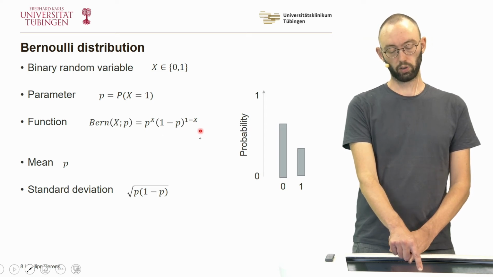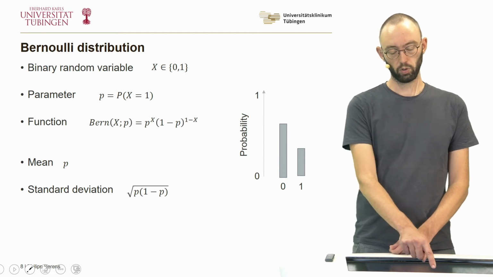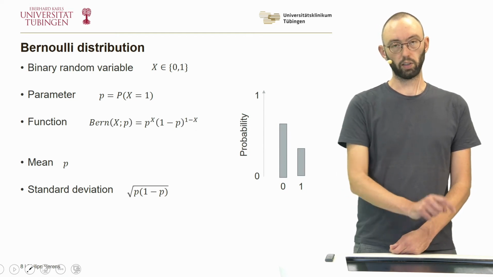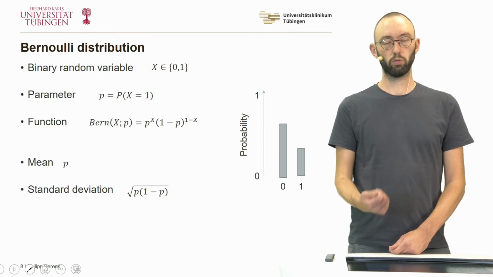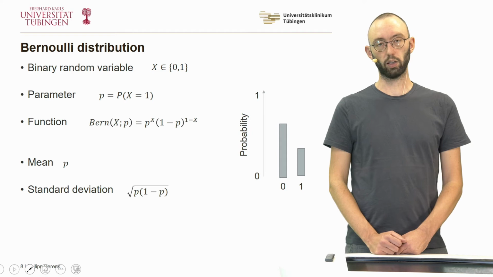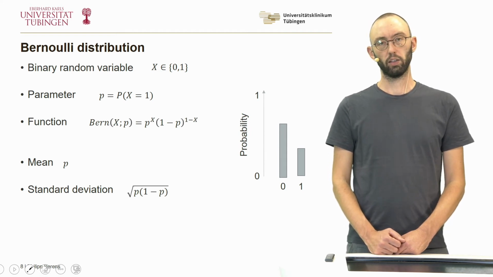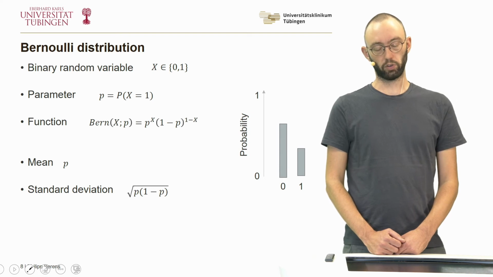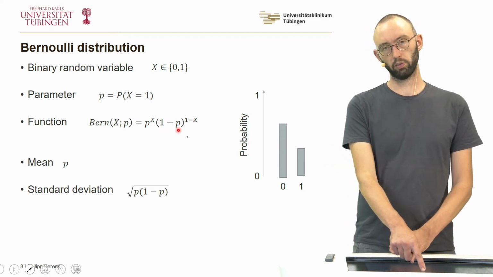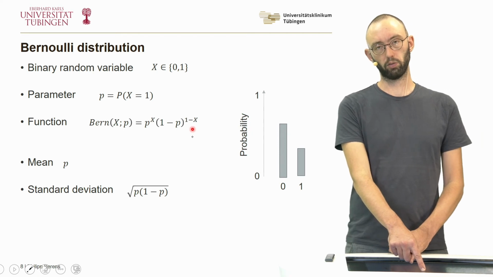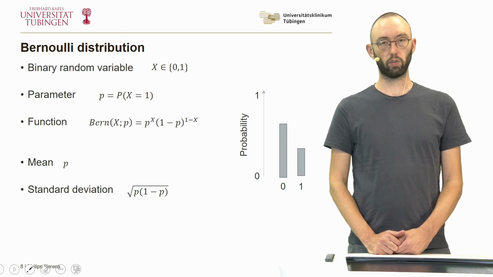And this part of the equation will be, because 1 minus 1 is 0, just 1. So in this case, there will be just a probability of p for the event that the random variable takes on a value of 1. On the other hand, if the random variable takes on a value of 0, the former part will be 1, and you will have a probability of 1 minus p from the latter part for the event 0 occurring.